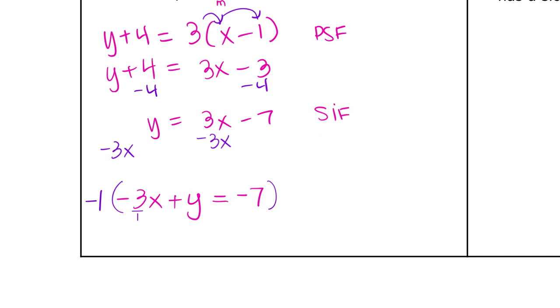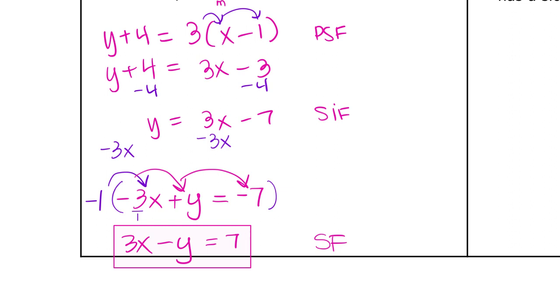This way, a negative times a negative will make that positive 3x. Then negative 1 times y gives me negative y, and negative 1 times negative 7 gives us positive 7. So this is the equation in standard form. This is what they are asking for.